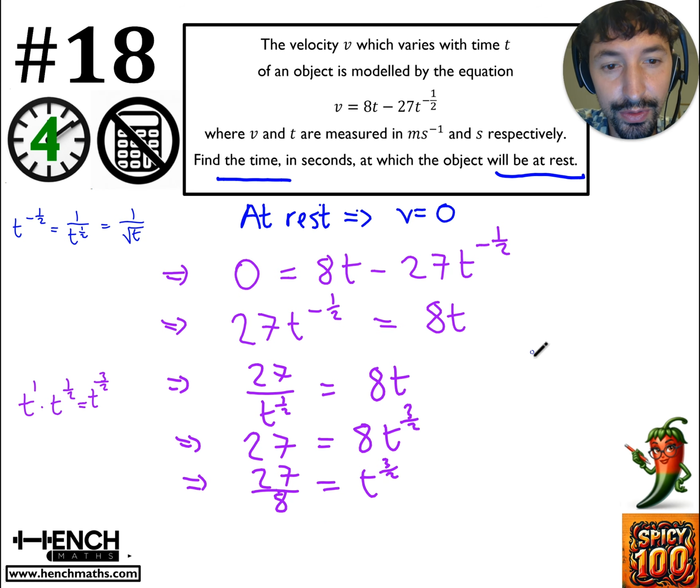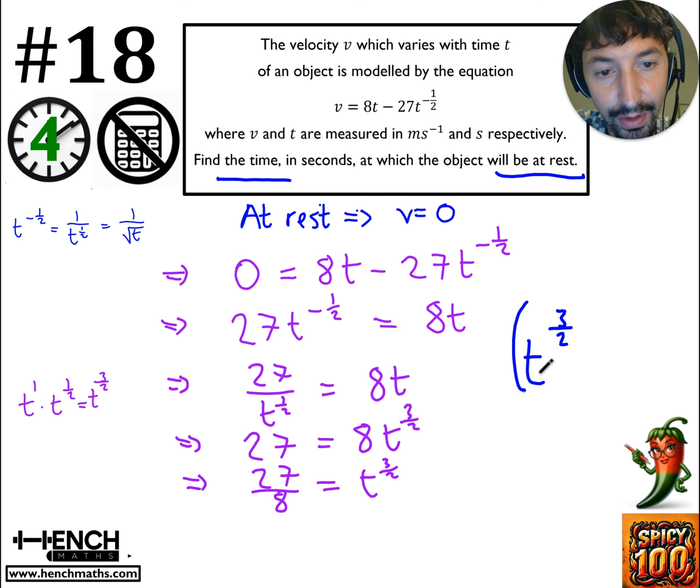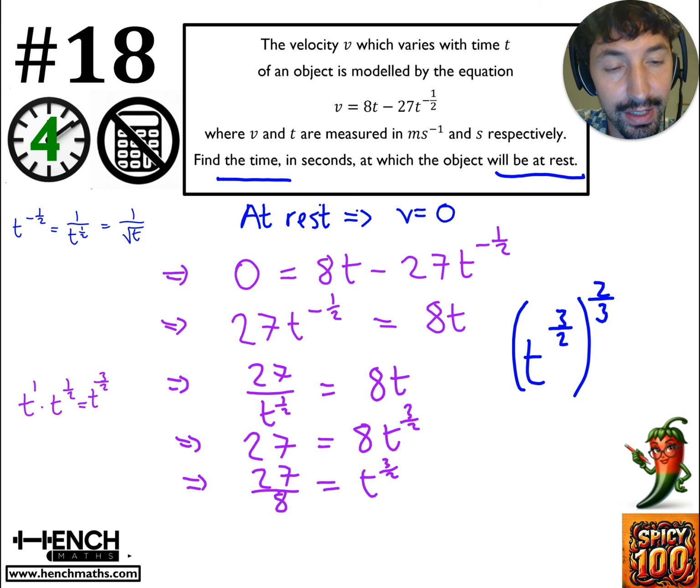The clever trick we can use here: if I did t to the power of 3 over 2, all to the power of 2 over 3, from our rules of indices, 3 over 2 multiplied by 2 over 3 is 6 over 6. So it becomes t to the power of 6 over 6, or t to the power of 1, which is just t. So if we did the reciprocal of 3 over 2, we just flipped the fraction, that's going to get us to t on its own.